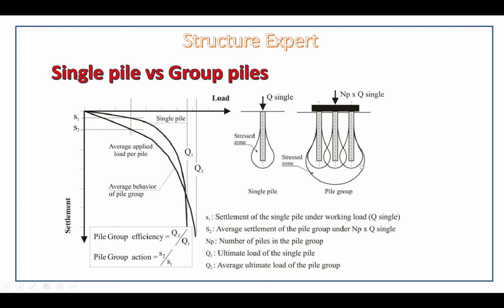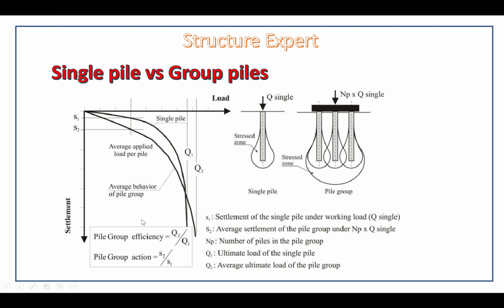So the bearing capacity of the group pile will be reduced. It is the efficiency, calculated by Q2 divided by Q1, Q2 for the group pile and Q1 for the single pile. After you divide and compare, the efficiency will be less than 1.